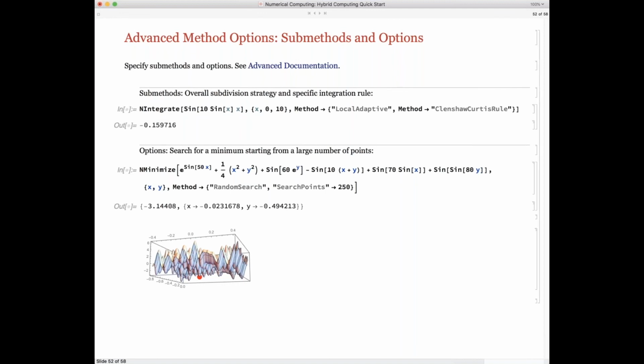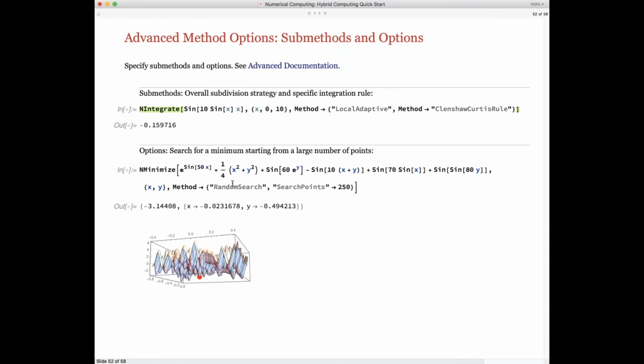One important special type of method option is a submethod option. In this example, I'm using the NIntegrate function, and the method used is called LocalAdaptive, which is the higher level control method, and the submethod applied to the region also.